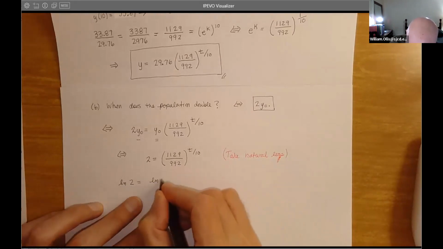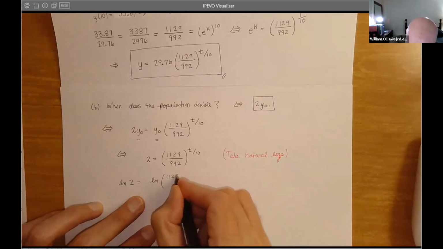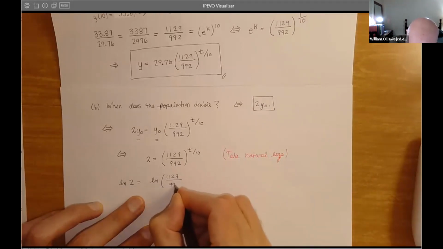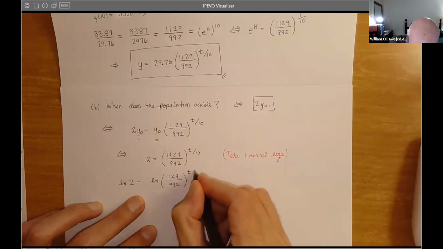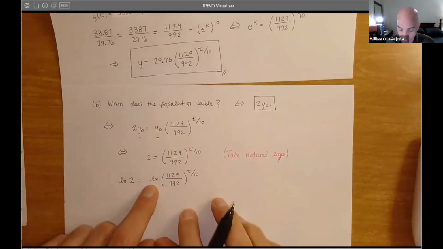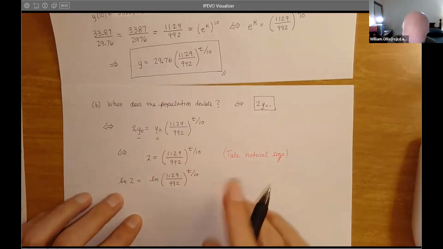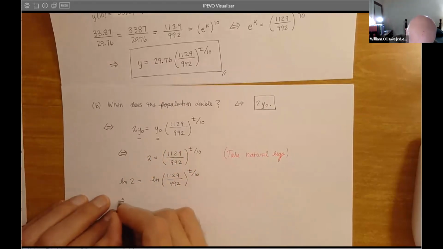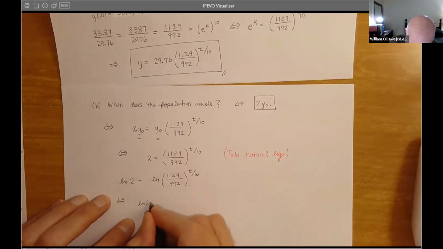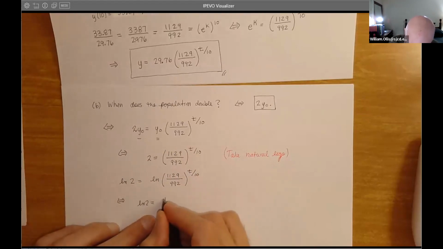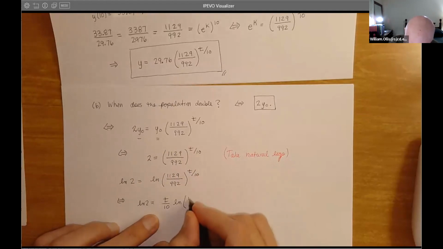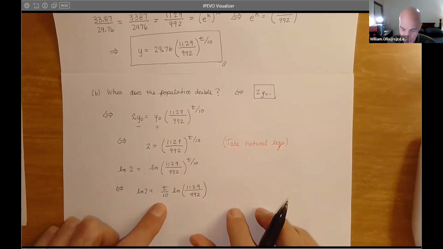So now we have natural log of 2 equals the natural log of 1129 over 992 to the t over 10. Now, of course, we have the natural log of the exponential, so the power can descend. So equivalently, natural log of 2 equals t over 10 times the natural log of 1129 divided by 992. Now you're thinking this is easy.